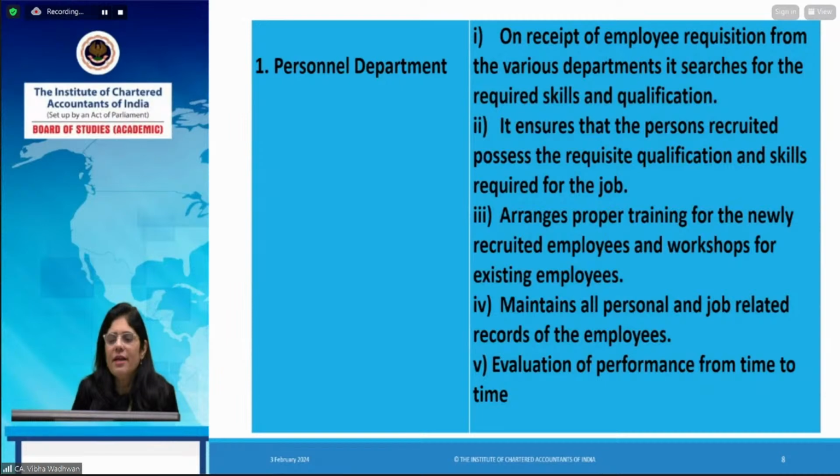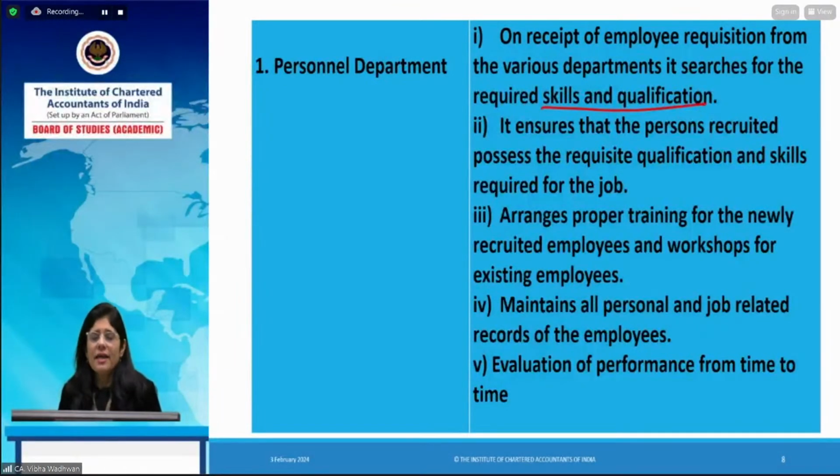So when the personnel department receives the employee requisition from various departments, it looks for the skills and qualification. What role does the supervisor have to play? Accordingly, you will look for a suitable supervisor. What should be the qualification? What should be the skill? The type of supervisor we require for our organization according to the method of production, according to the industry standards, according to whatever the setup is in the organization.